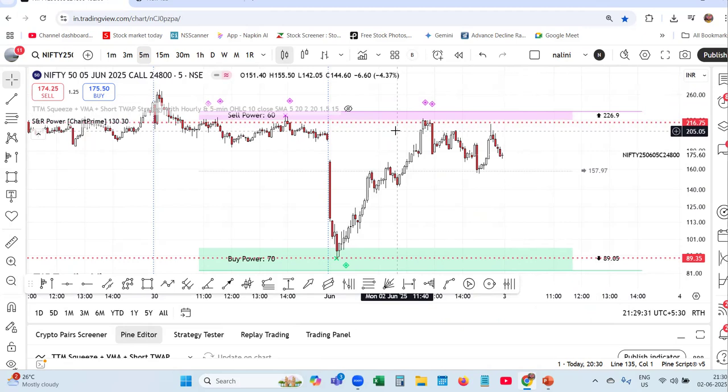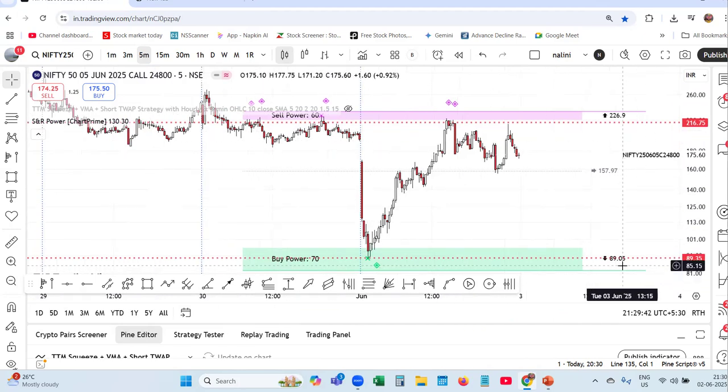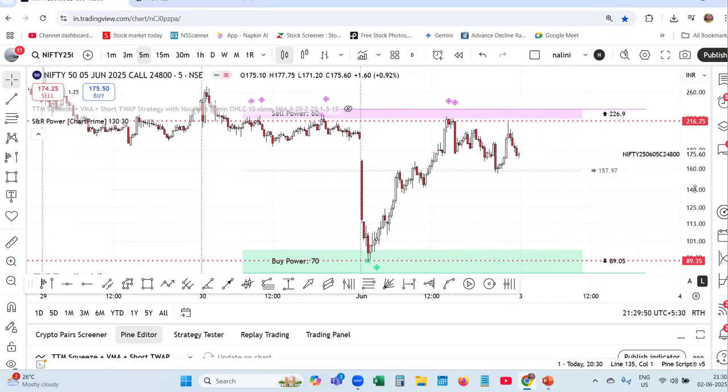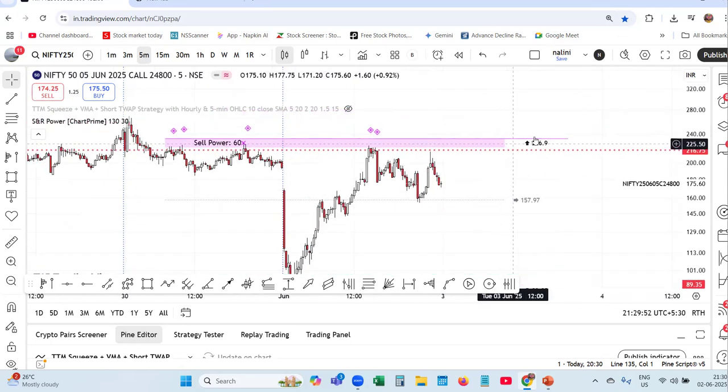Dynamic means as it happens. It is not static. With the buying power and selling power labels, it is giving you the price levels. 89 is plotted, the midpoint is also plotted at 157, and the upper point it has plotted is 226.